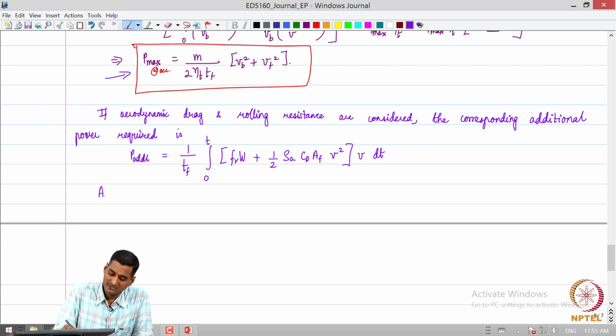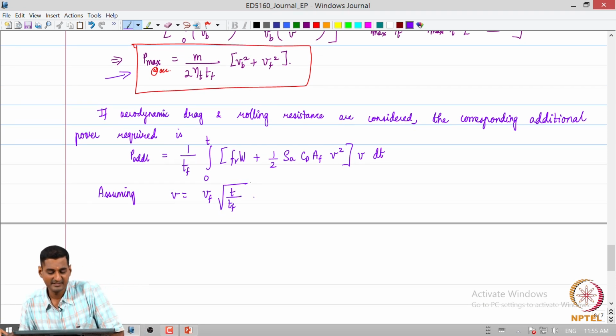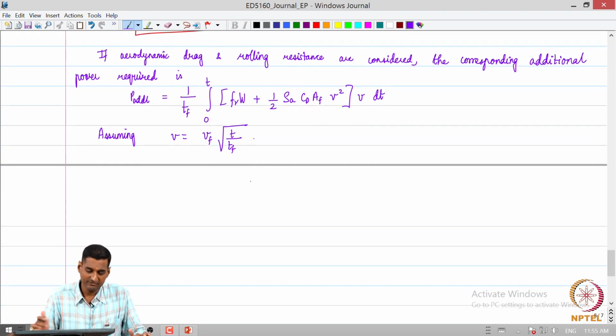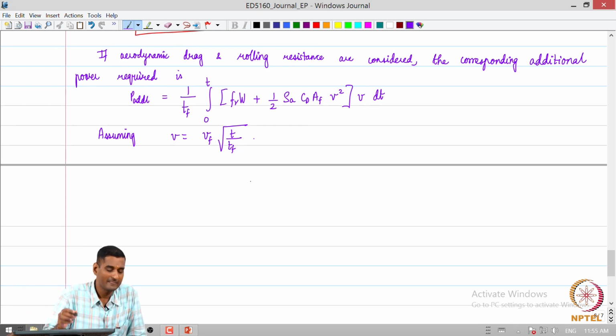So, to get a first cut relationship, what we do is we assume that the speed evolves with time in this manner, that is V is going to be Vf times square root of t by Tf, which is a reasonable assumption to make looking at typical vehicle time speed profiles during acceleration, okay.